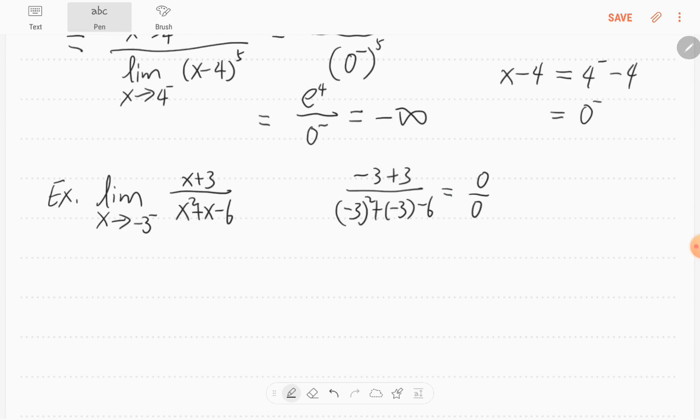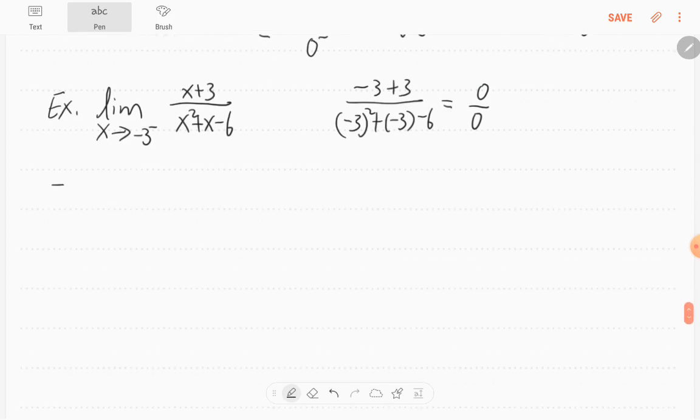That means you need to simplify it. So let's factorize the denominator. This is x plus 3 over x plus 3 times x minus 2. We factorize the denominator, so you see the x plus 3 factors cancel out.